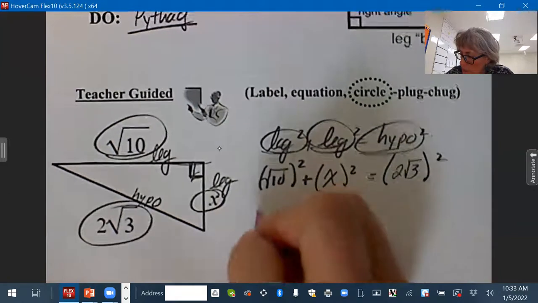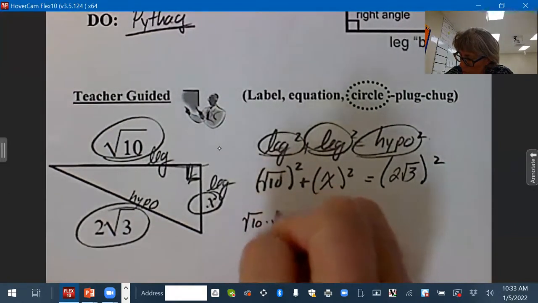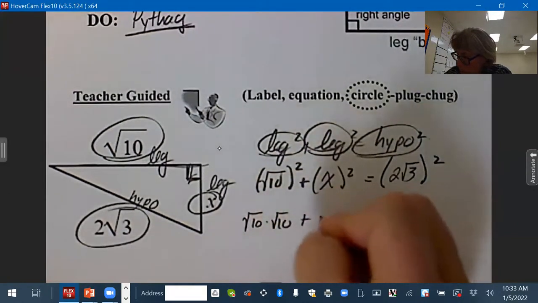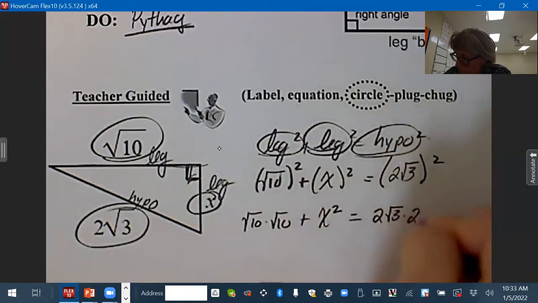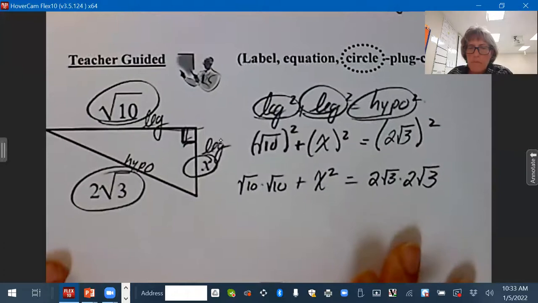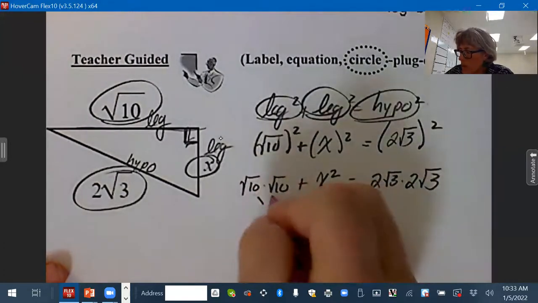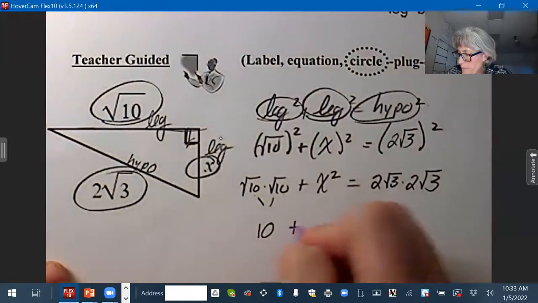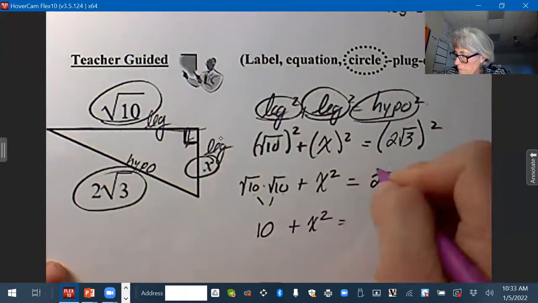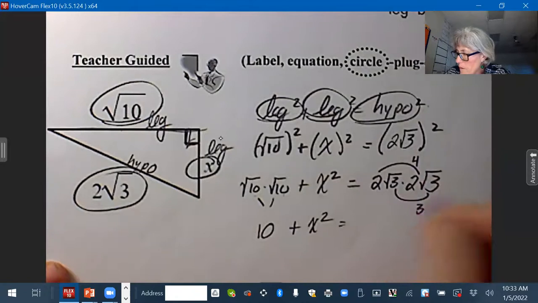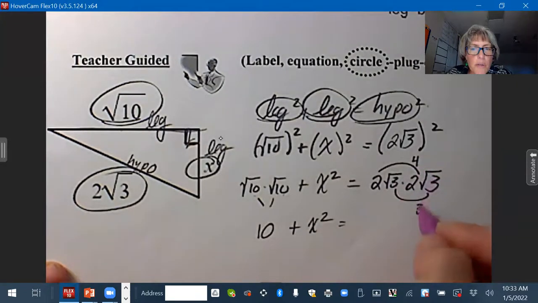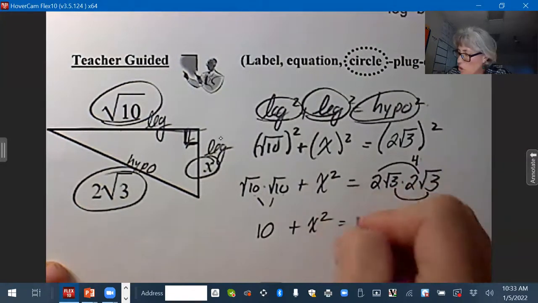Exponents, expand. Root 10 times root 10 is simply 10. 2 times 2 is 4. Root 3 times root 3 is 3. 4 times 3, this is 12.